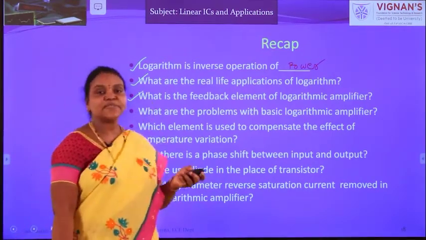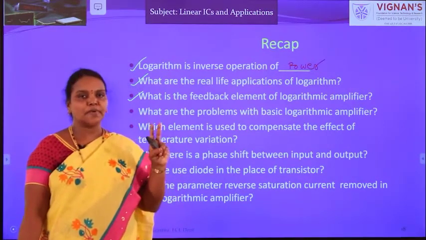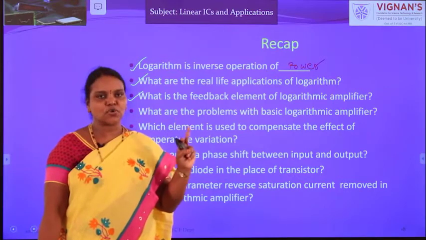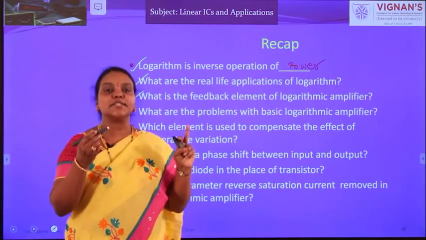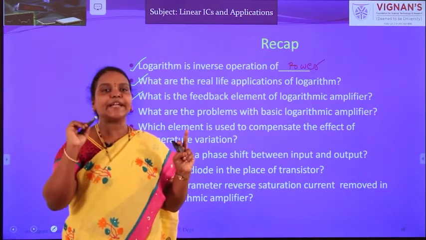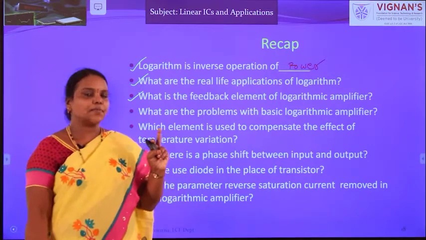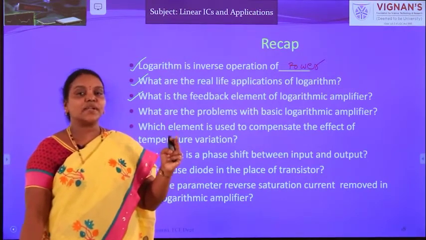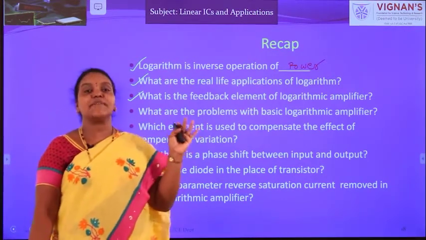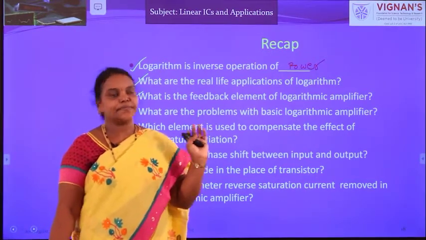What are the problems with the basic logarithmic amplifier? There are two problems. One is the reference voltage is not constant, which has the term IS. IS doubles for every 10 degrees rise in temperature, which is not supposed to happen. And the next one is the expression has T, directly proportional to T. It should not happen.